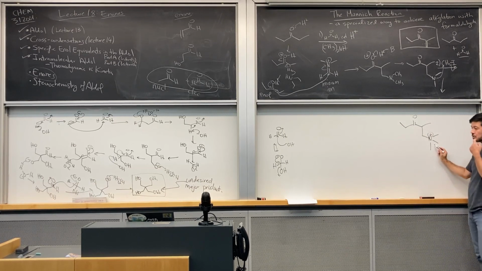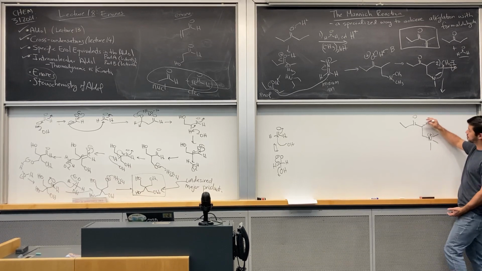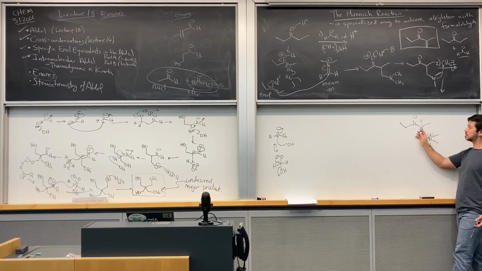You now have a quaternary nitrogen that is a very good leaving group, right? You have a positive charge here, and you could imagine that under the right conditions you could eliminate, form a double bond, and this would be a very good leaving group.